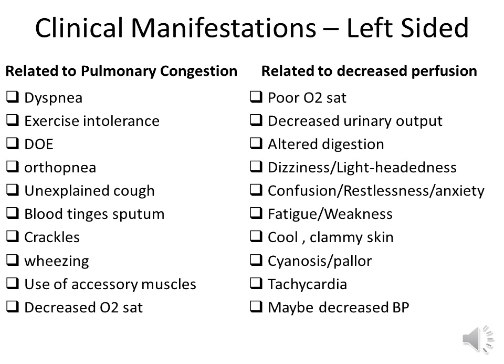Well, I'm going to see it as a decreased O2 sat, decreased urinary output because the kidney's not being perfused enough, altered digestion as in maybe paralytic ileus, slow peristalsis because the bowel is not getting enough oxygen, lightheadedness, dizziness, agitation, restlessness, confusion, muscle fatigue and weakness because they're not being perfused properly, cool, clammy skin, cyanosis or pallor, certainly tachycardia because the sympathetic nervous system is going to want to increase the heart rate, and maybe a decrease in blood pressure.